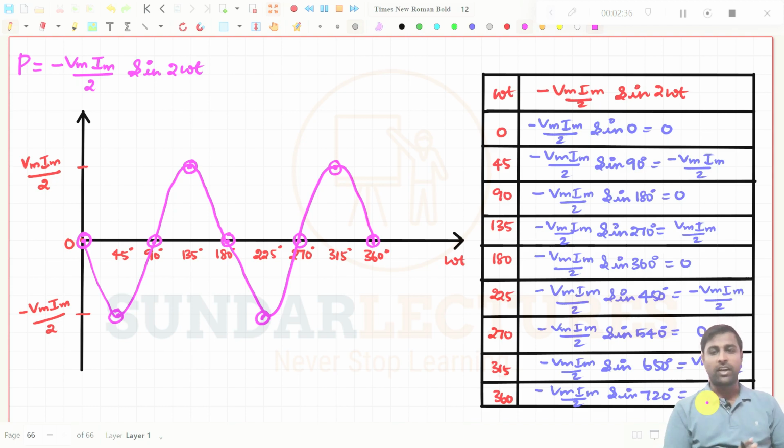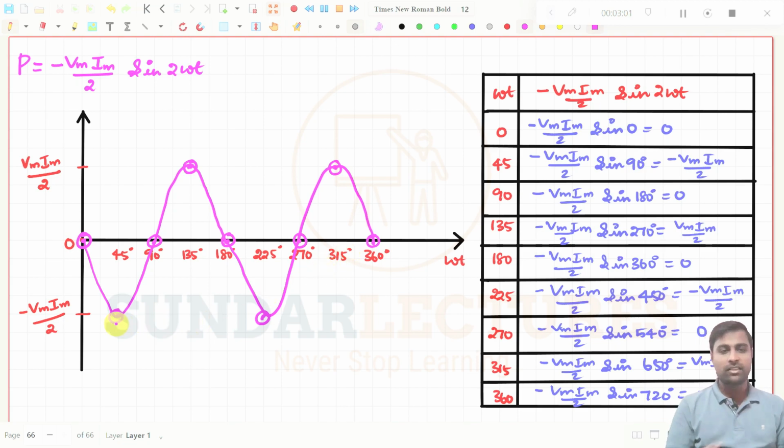Okay, fine. So now you see this graph is getting negative value at this portion, and then it becomes positive. Again it is getting to negative. In between it comes across zero, right? It comes across zero, then it becomes negative maximum, then zero, then positive maximum, and then again it becomes zero.